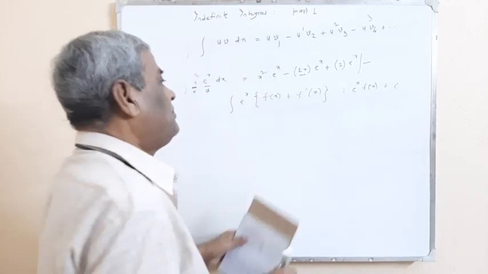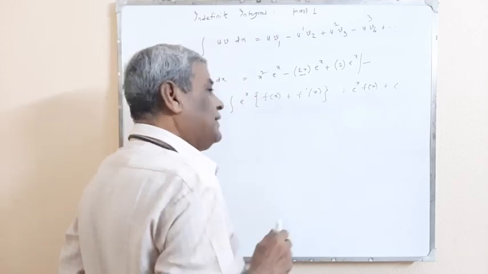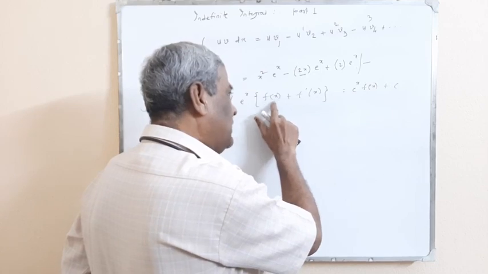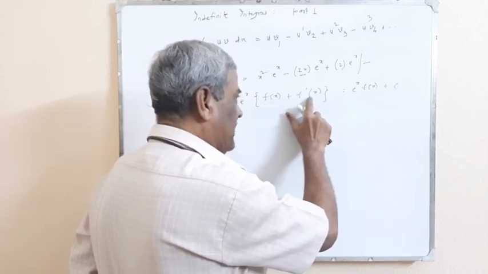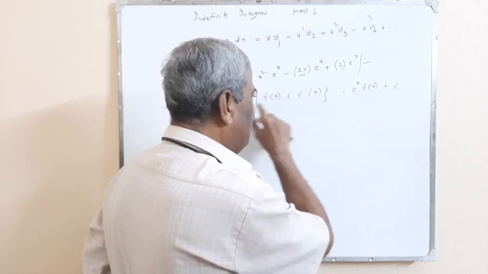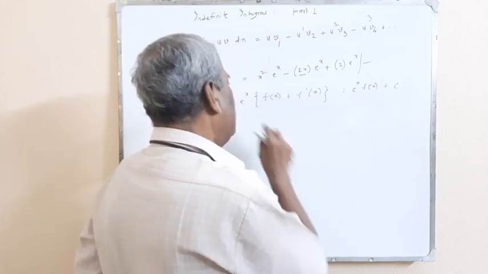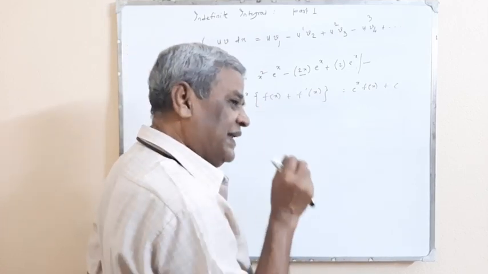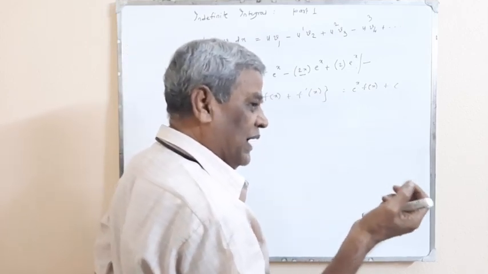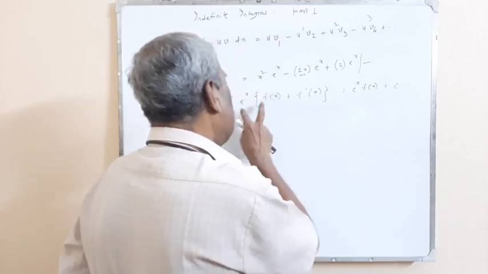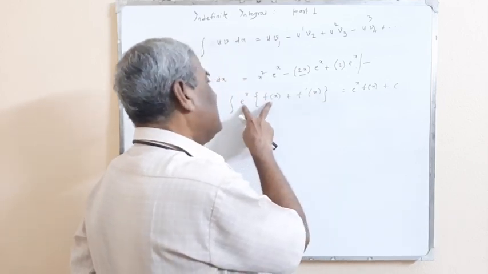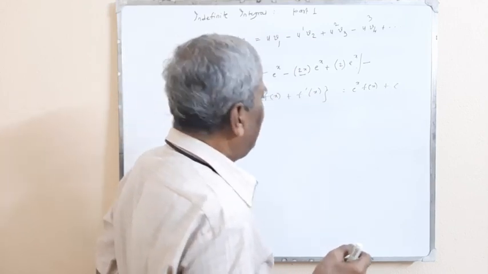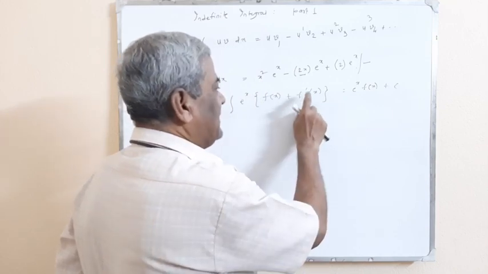Once again I am repeating, if the integrand is of the type e to the power x into (some function fx plus its derivative) dx, its integration is simply e to the power x into fx plus c. It can be obtained after one or two steps by integrating the factor e to the power x into fx by parts. And after the first step, that factor will be cancelled.